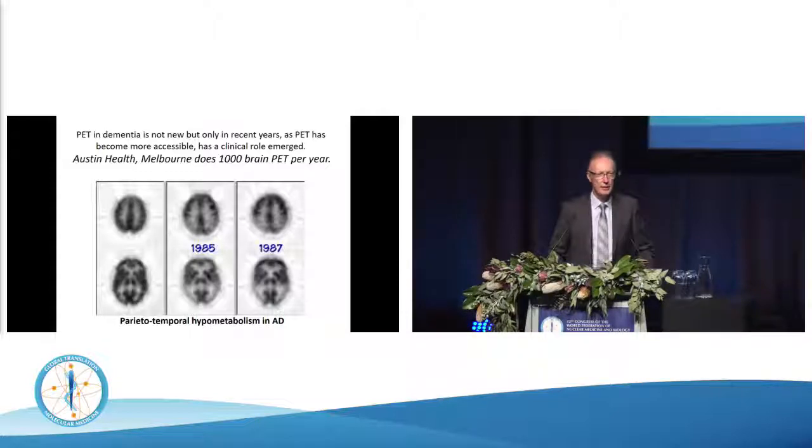We've found here in Australia that FDG PET has recently rapidly increased in popularity, and my PET centre does about 1,000 clinical FDG PET scans per year now for dementia assessment. There are a few reasons for this.